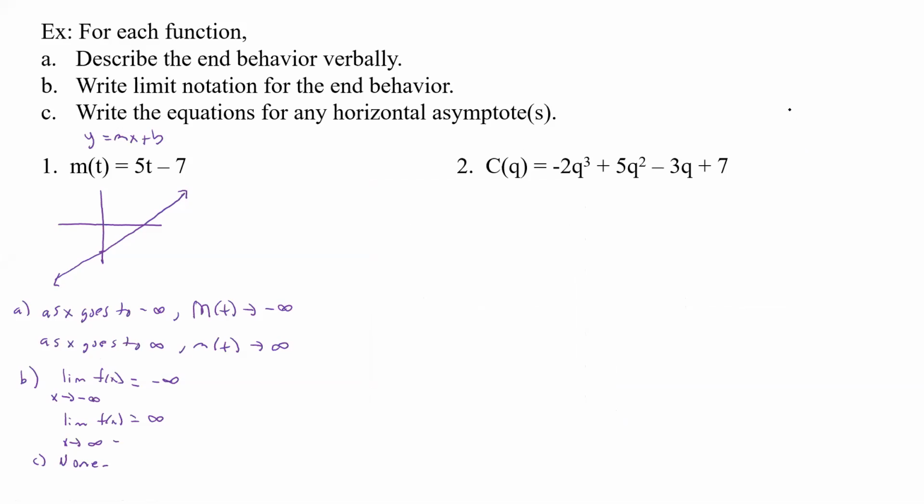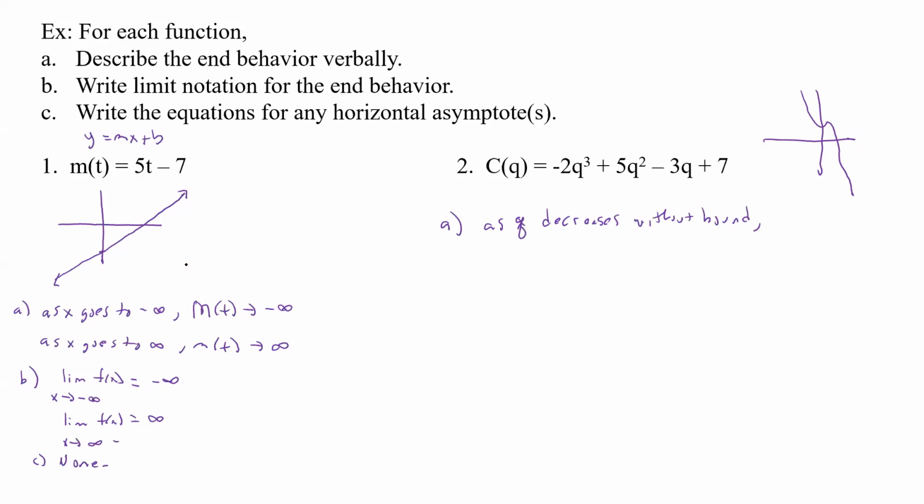We had some kind of a shape like this, kind of like that. And so for A, we can say as x decreases without bound, I guess it really is not x this time, it's q.